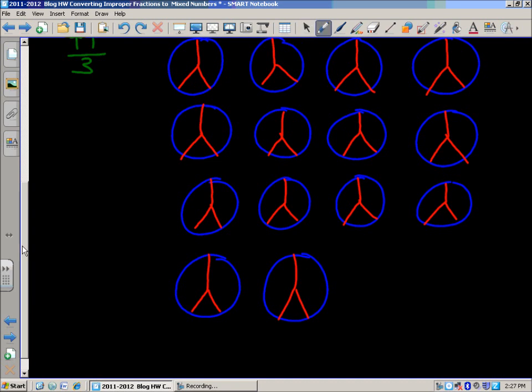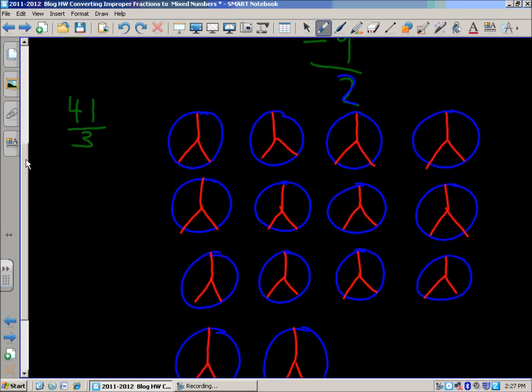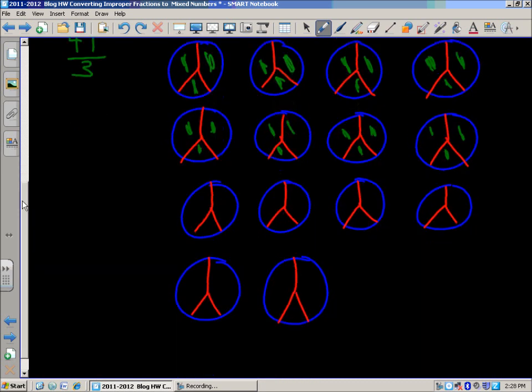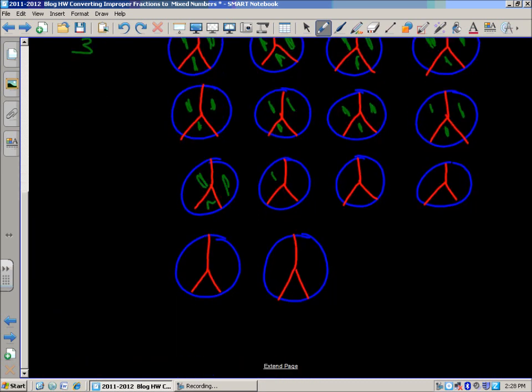Okay, so now we've got 41/3 for each of these. There'd be 3, 6, 6/3 with 2 pies, 9/3, 12/3, 15/3, 18, 21/3, 24, 27, 29, 30. 10 pies would be 30/3.